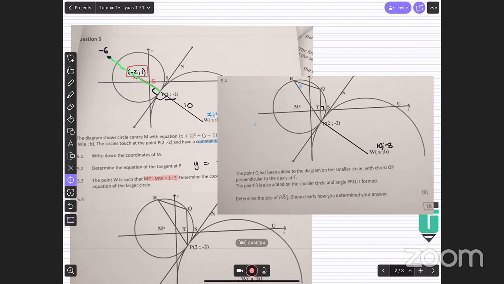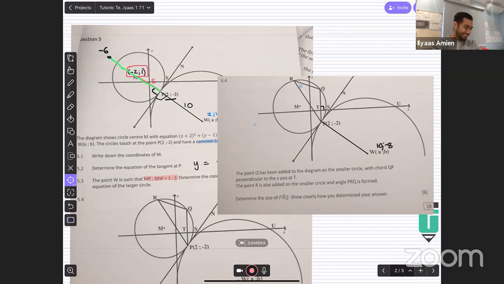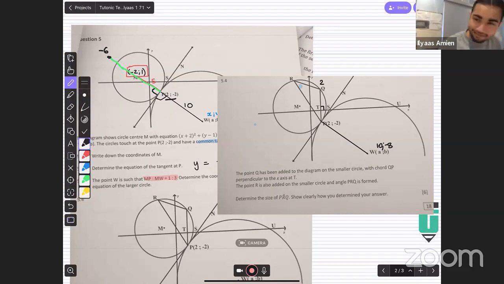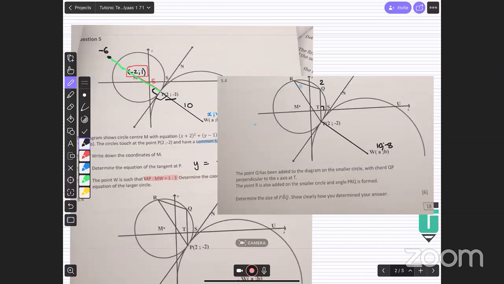And they have the same x value. So we know the x value of Q. We could also find the y because from M to Q is the radius, so we can use the circle equation to get the y value there.